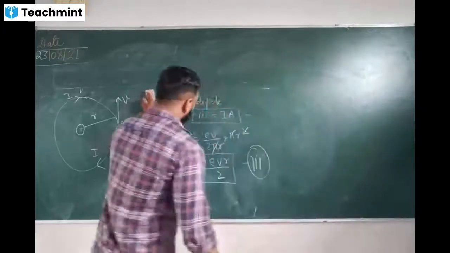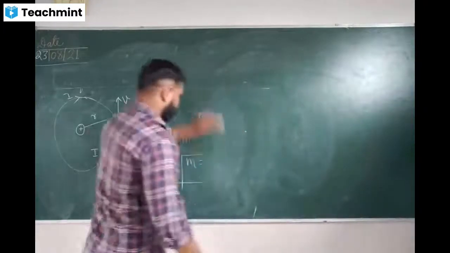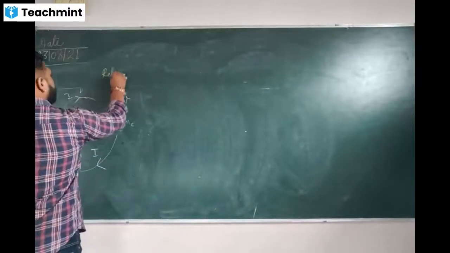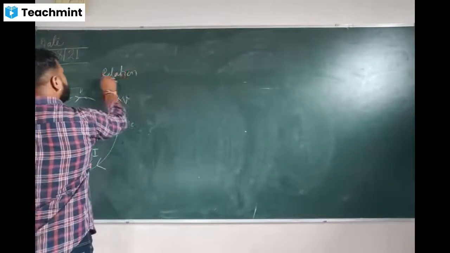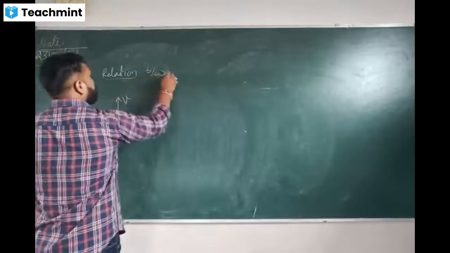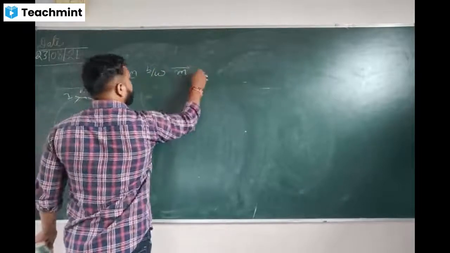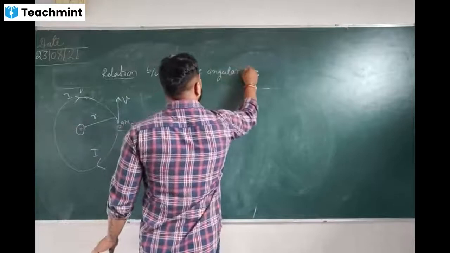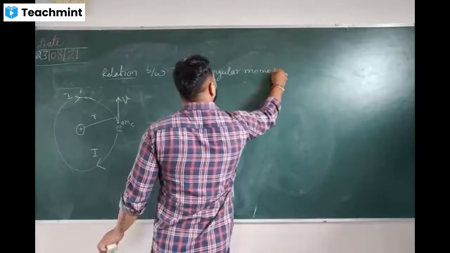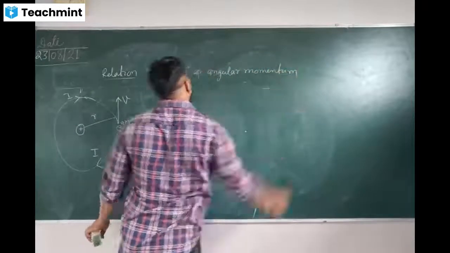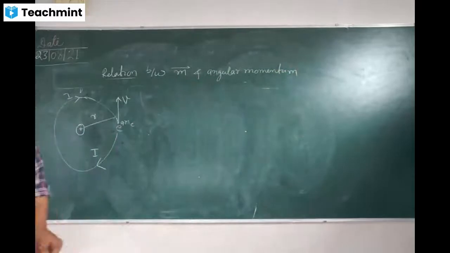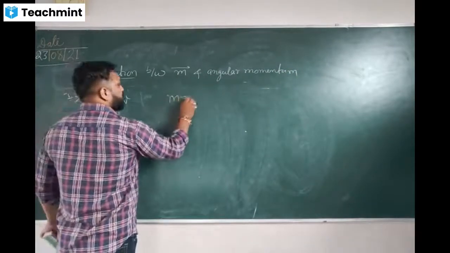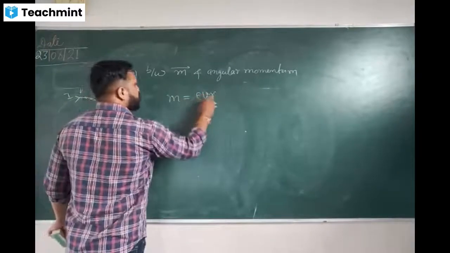Now let's talk about the relationship between magnetic moment and angular momentum. So we know that the magnetic moment associated with the revolving electron is given by M equals EVR upon 2.